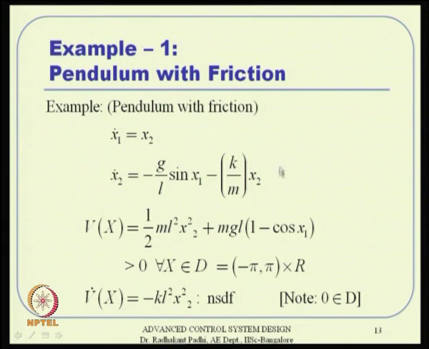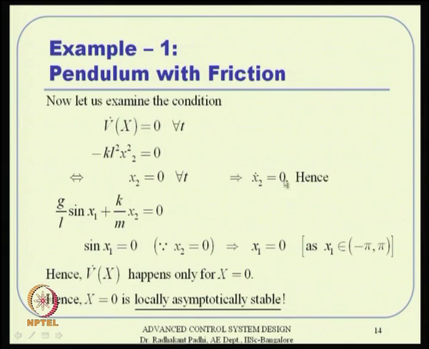Using this condition here, this happens to be 0 for all time. Now, x2 is 0 already, so sin of x1 is 0, and sin of x1 being 0 means x1 is 0 in that domain actually. The only solution is x1 equal to 0 in the domain.